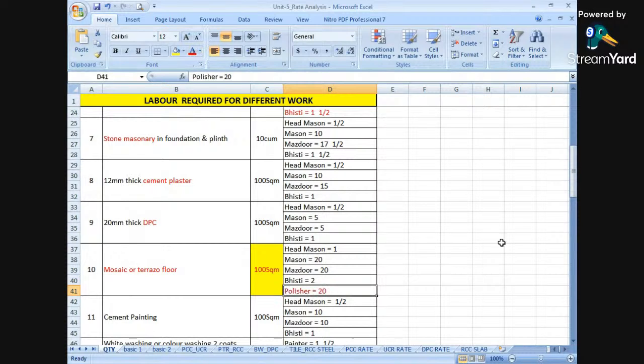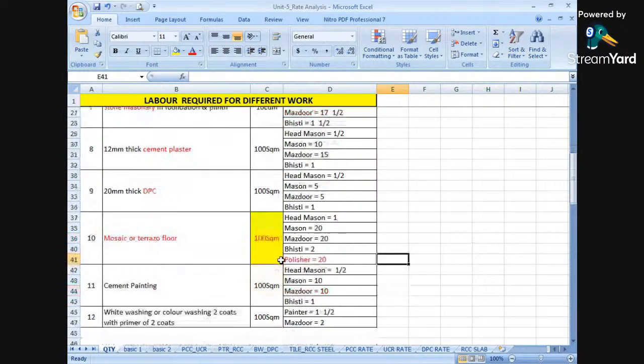Why has polisher been required? Because for mosaic or tile flooring we require polishing work. Finishing of those tiles will be required, and a special category, that is a polisher, we require for polishing this mosaic or terrazzo type of flooring. So 20 polishers are required.